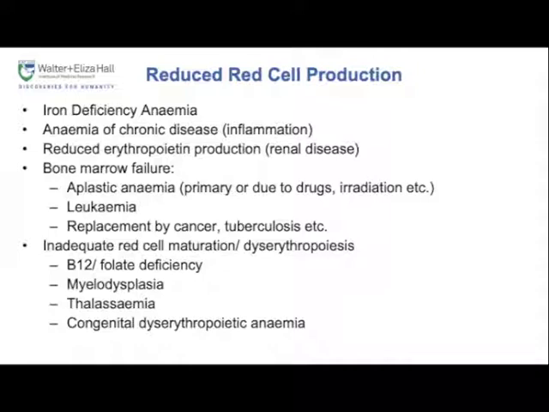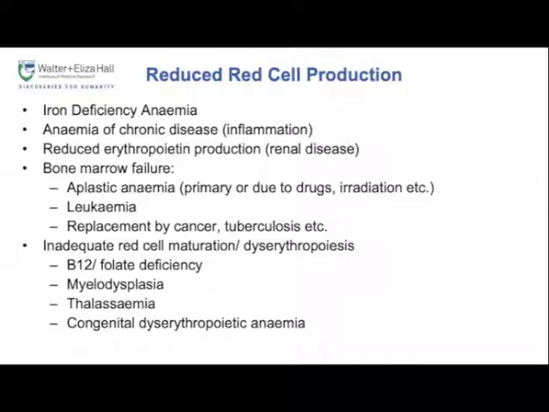You can have bone marrow failure. So the bone marrow itself is diseased. And here, this can occur because the bone marrow empties out and there's reduced hematopoietic cell production. That's most commonly seen in a disease called aplastic anemia. And there you usually see a pancytopenia, so not just anemia, but also a loss of white cell and platelet production.